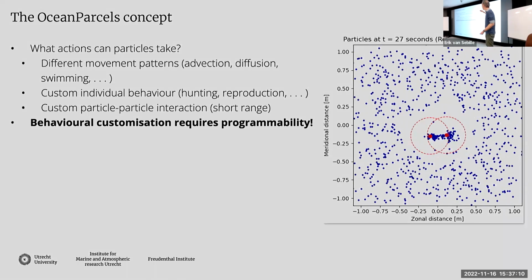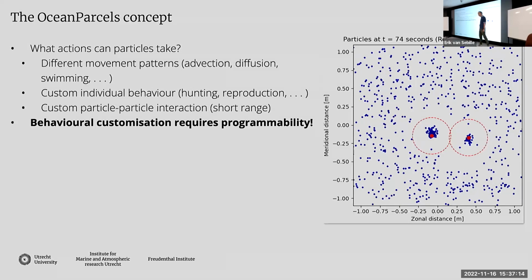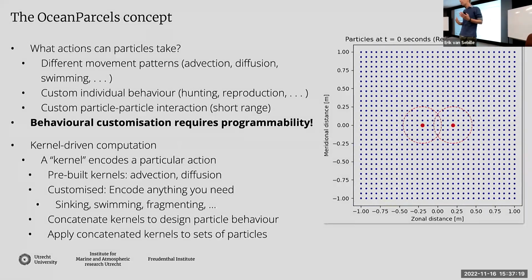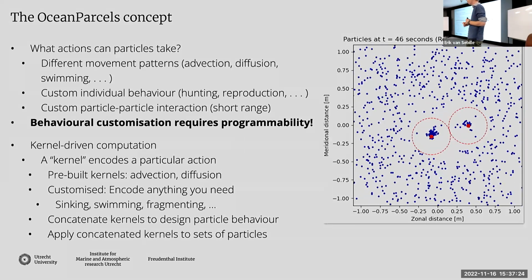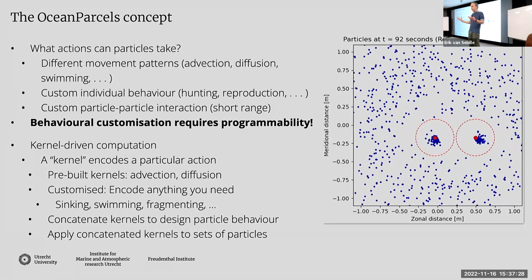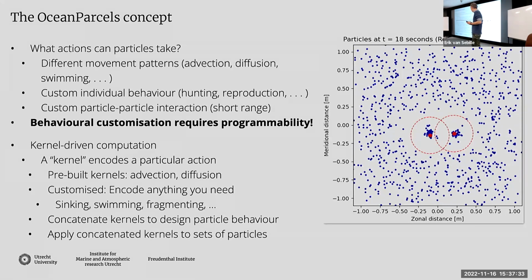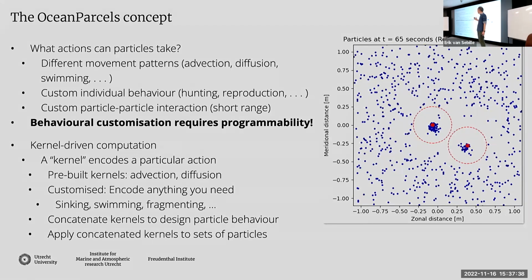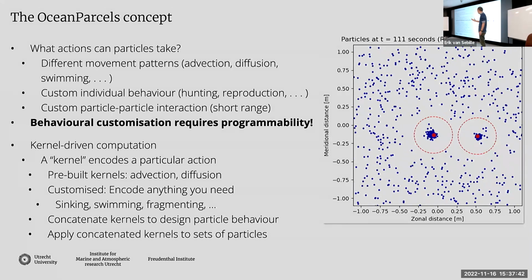But the key thing is behavioral customization requires programmability. Right? If you really want to do this well, you need to code that up. And that's where Parcels comes in. The way that we've been doing it is through kernel-driven computation. And a kernel is a way to encode an action, to put into code some kind of equation. We've got pre-built kernels for advection or for diffusion, but the whole idea is that a user can encode anything that they want.